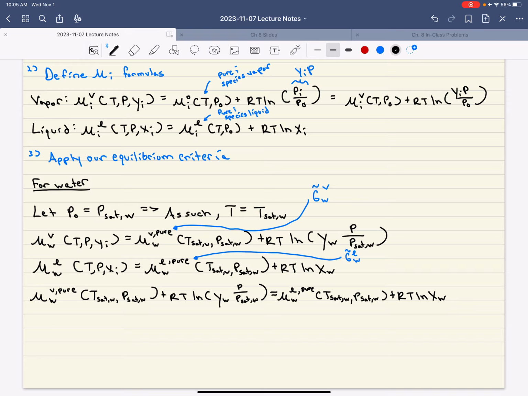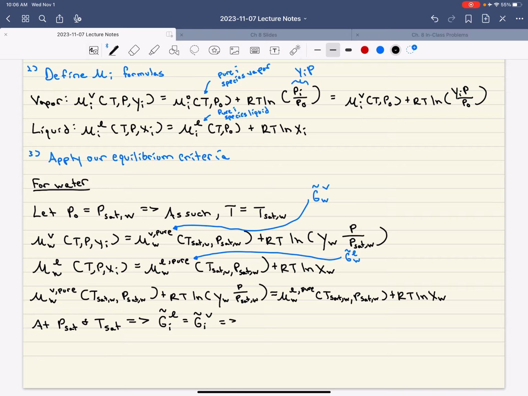To simplify this down, what we have to remember is that at the saturation pressure and temperature, if we go back to our previous chapters, we learned that at those conditions the molar Gibbs energy of some species in the liquid phase is equal to the molar Gibbs energy of that species in the vapor phase.